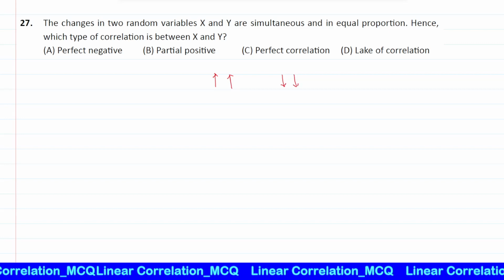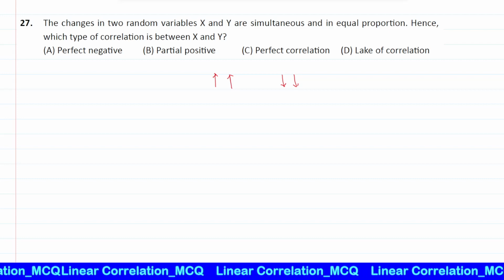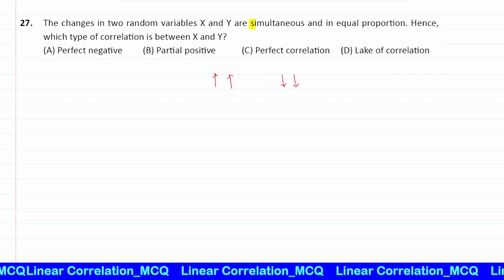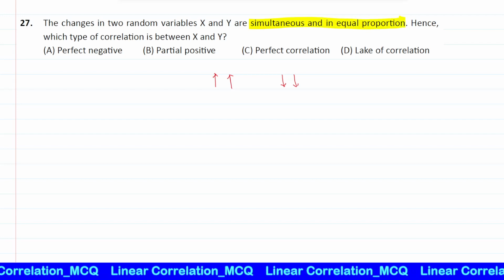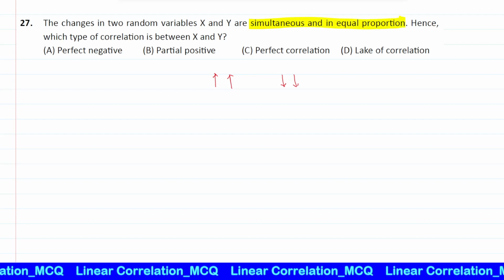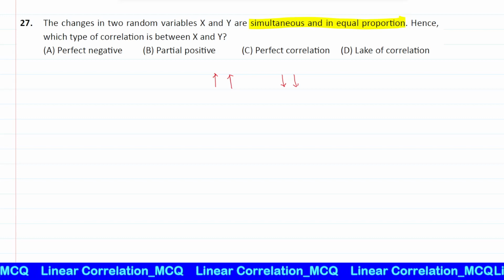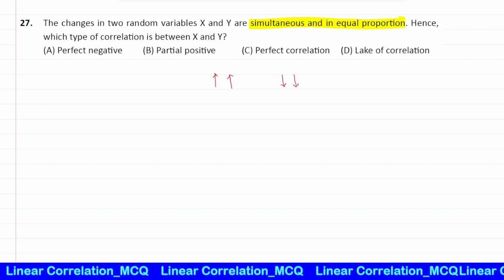If the changes in random variables X and Y are simultaneous and in equal proportion, then there is perfect positive correlation or perfect negative correlation between the two variables.